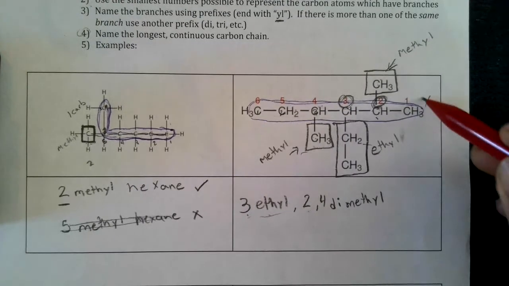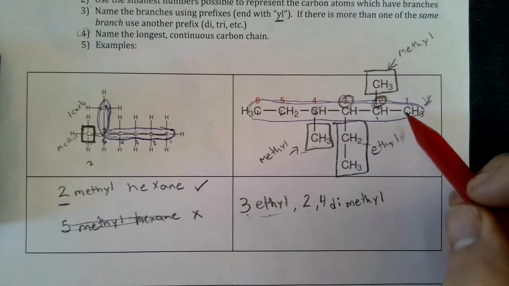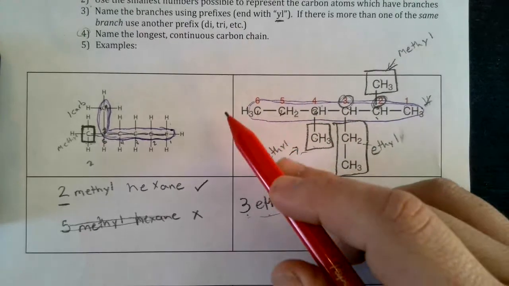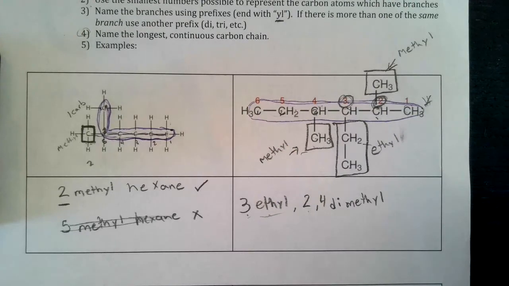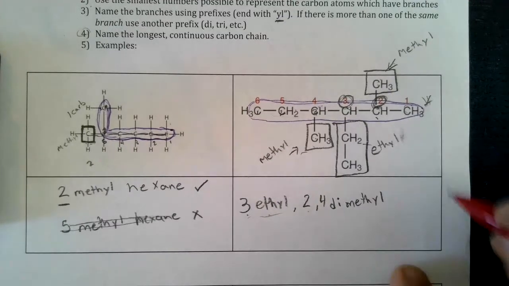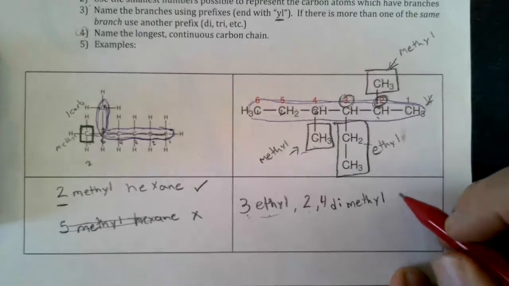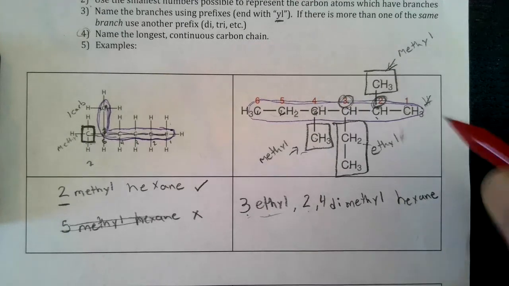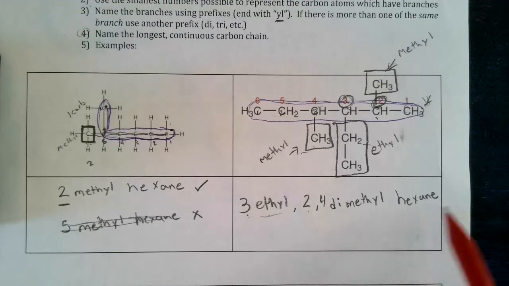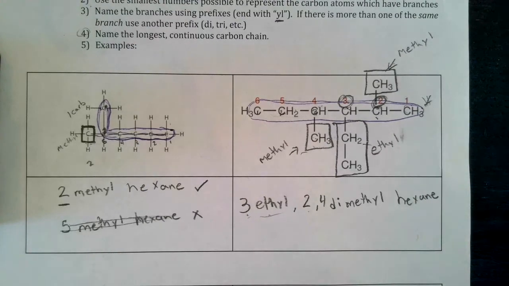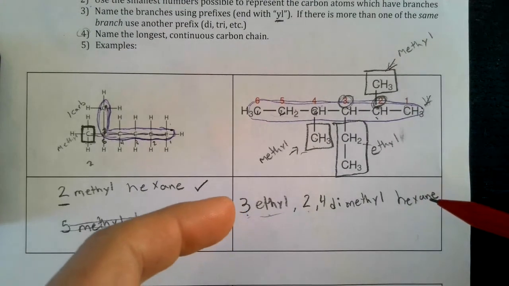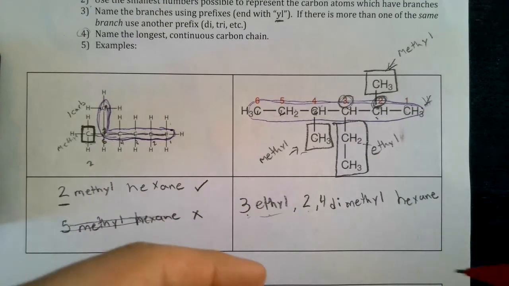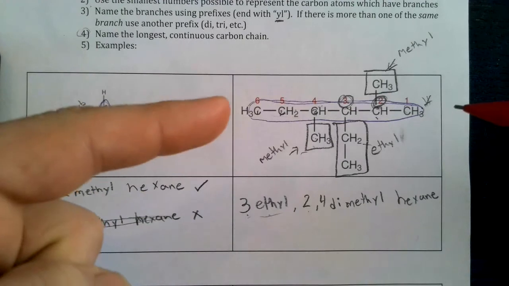We have to name the whole chain. So the whole chain had 1, 2, 3, 4, 5, 6 carbons. 6 carbons all connected by a single bond. And so we are dealing with a hexane backbone. One good way to check is to take the name that you came up with and draw it, so you can see if your drawing matches that drawing.